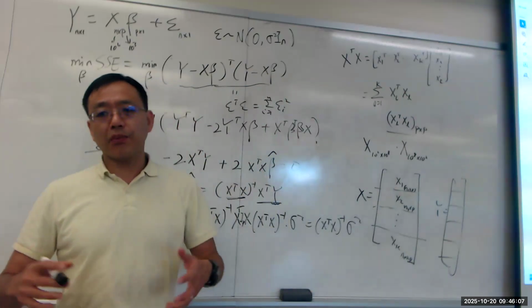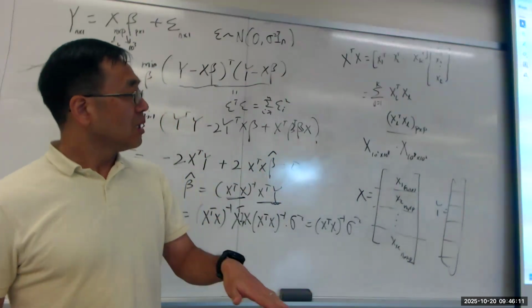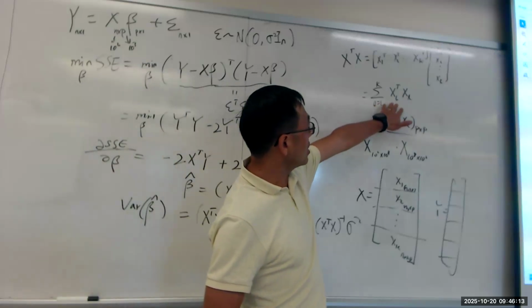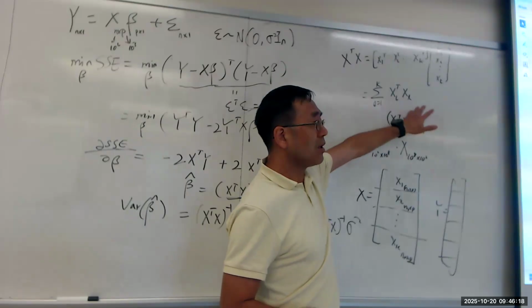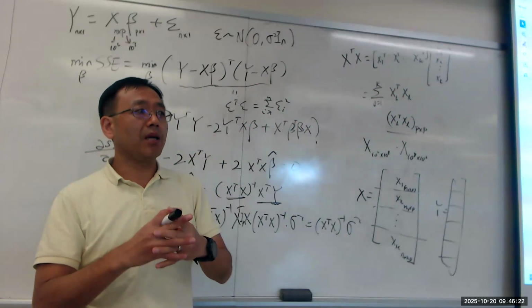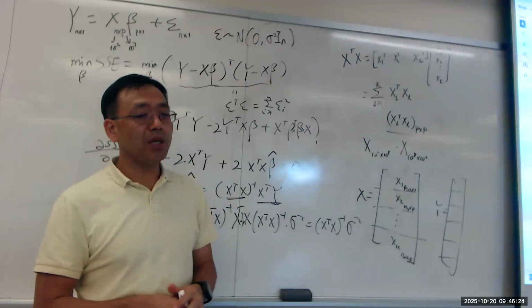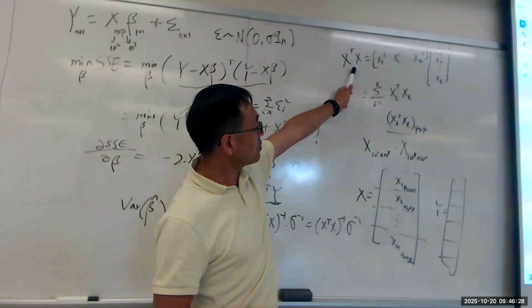You compute XL transpose XL for each segment and then add them up, and you will have X transpose X.